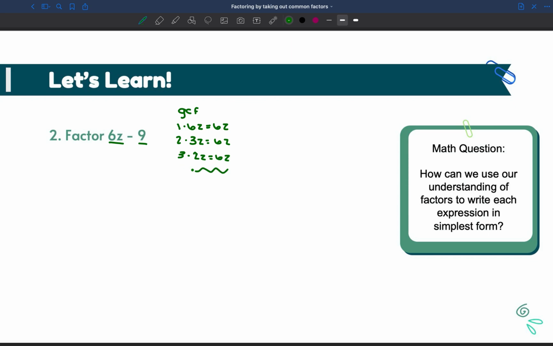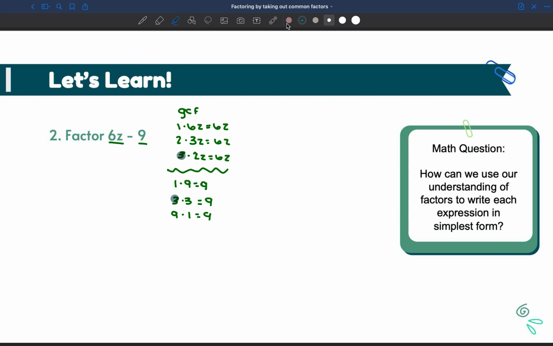As far as our 9, we have 1 times 9 equals 9, 3 times 3 equals 9, and 9 times 1 equals 9. Our GCF between 6 and 9 is 3, I apologize. The highest number that is a factor of both 6 and 9 is 3, their GCF.